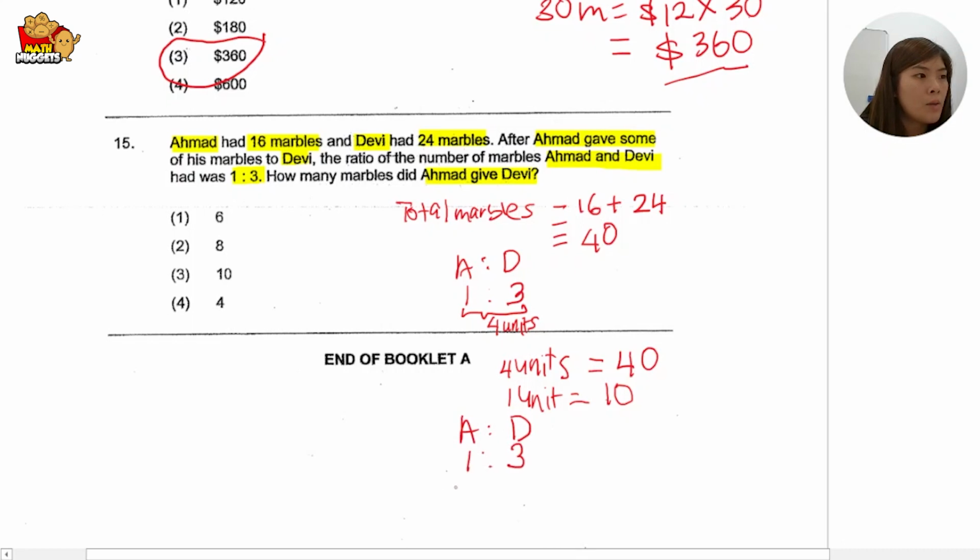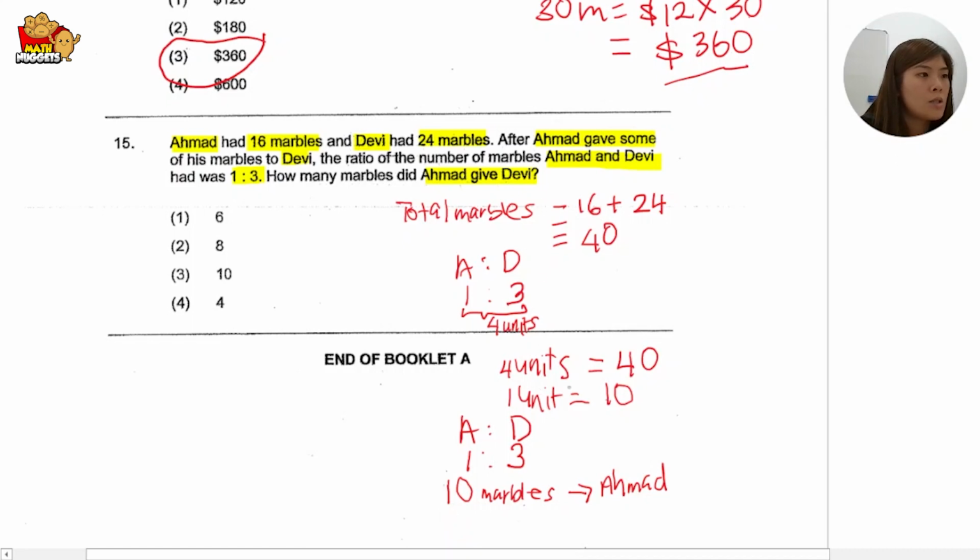So at the end, Ahmad and Devi are 1:3, correct? So Ahmad 1 unit, so Ahmad has 10 marbles, whereas Devi had 3 times 10.